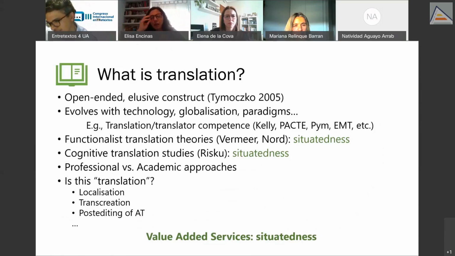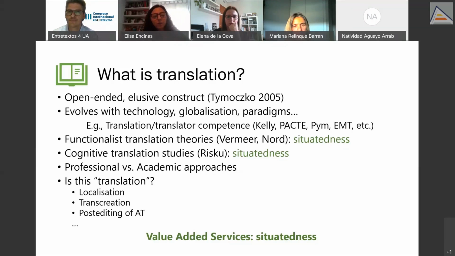And if we take as an example the concept of translation or translator competence, we can see how this debate has had a very important role within the discipline. I think most translation professionals and scholars might agree on the basic core skills that build translation competence, but everyone has their own different view on this.